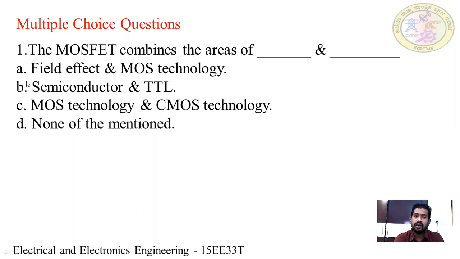The options given are: option A, field effect and MOS technology; option B, semiconductor and TTL, where TTL means transistor-transistor logic; option C, MOS technology and CMOS technology, that is metal oxide semiconductor technology and CMOS technology; and option D, none of the mentioned.